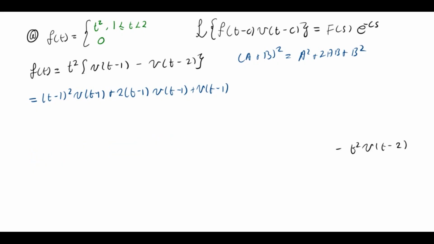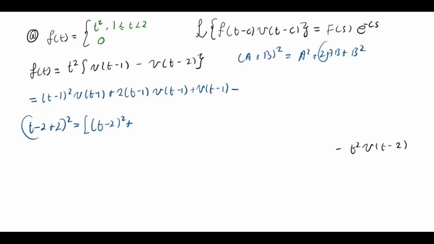Okay, so let's go to the next one. Remember, there is a minus here, so the next one is just t squared u of t minus 2. So we also do the same, minus 2 here plus 2. If you expand this, you'd have t minus 2 squared plus 2 times a, which is this, times b.